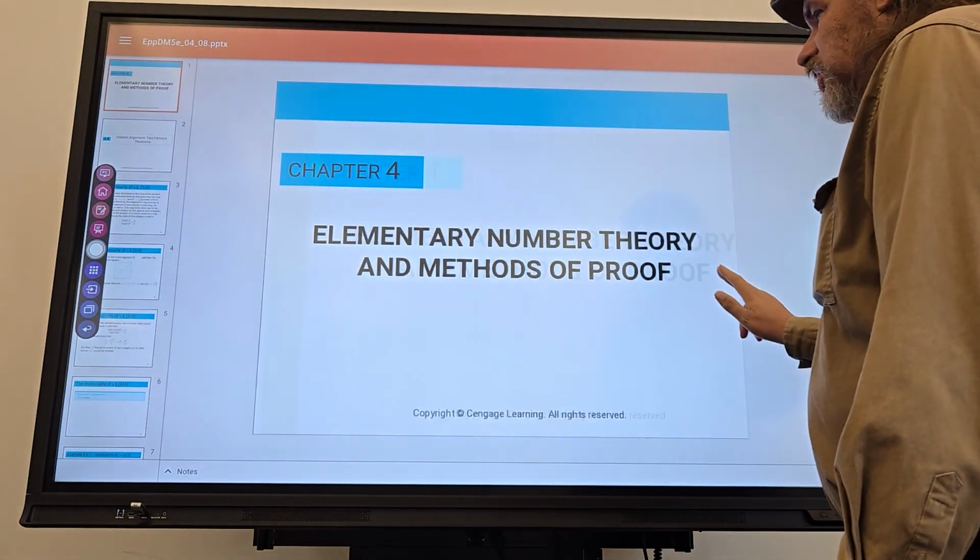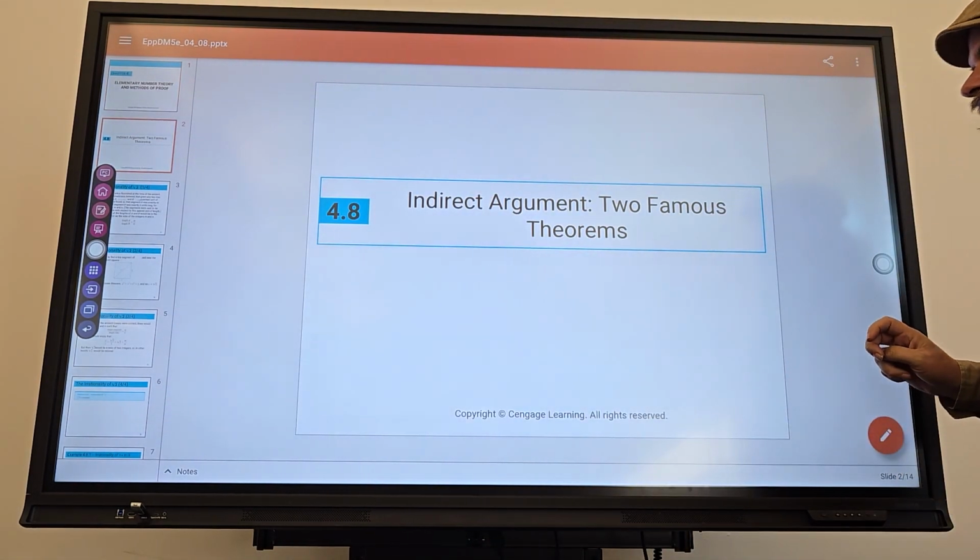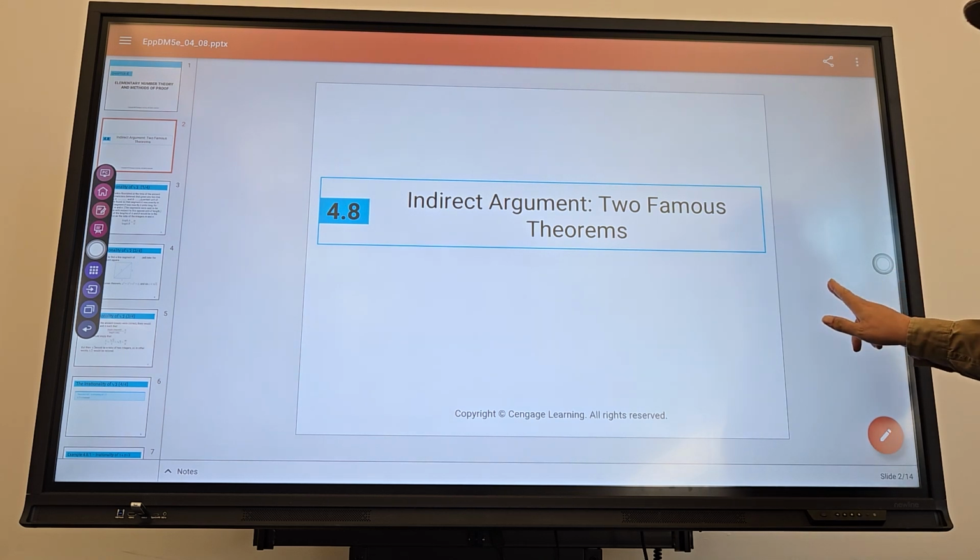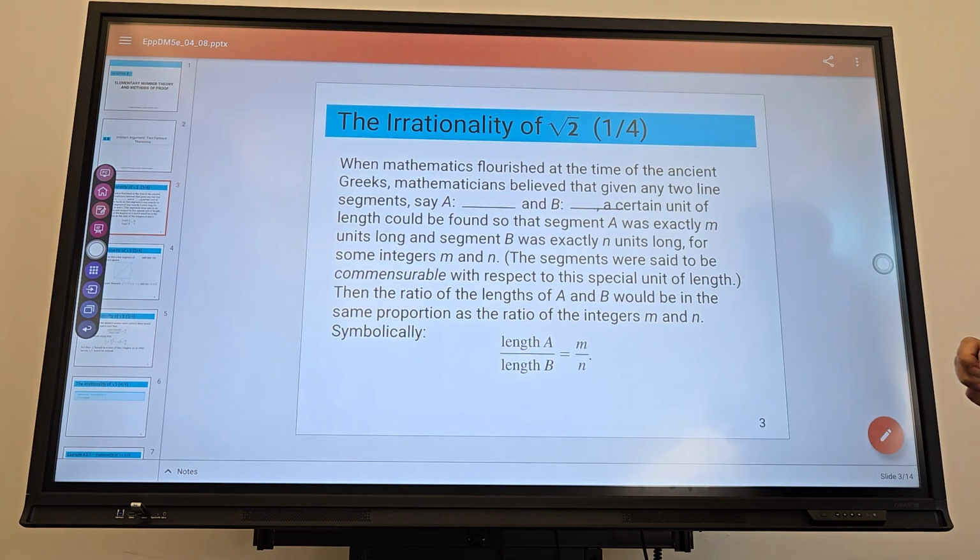Now, section 8 continues the indirect argument with two famous theorems. Mathematicians believed at one time that given any two line segments, a certain unit of length could be found so that segment A was exactly m units long and segment B was exactly n units long for some integers m and n.